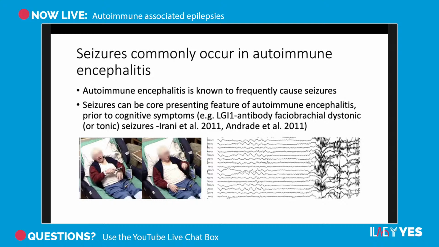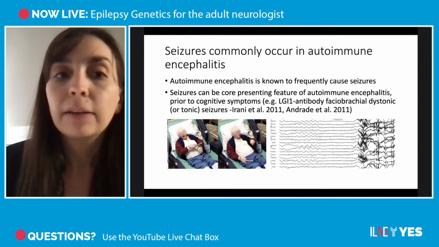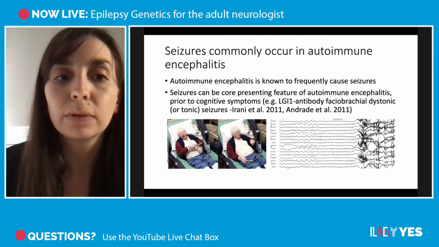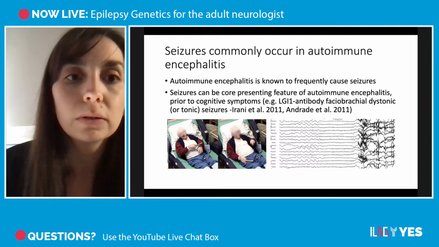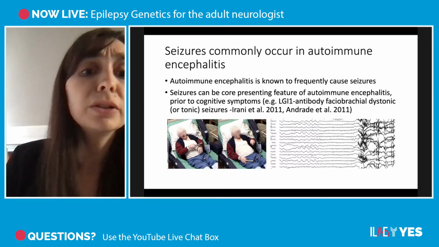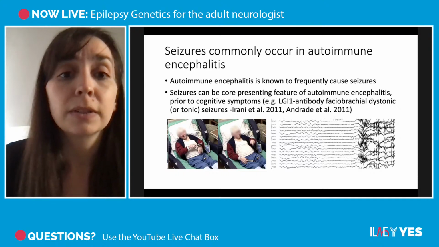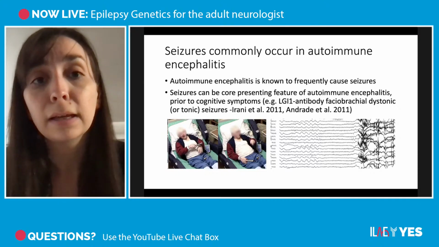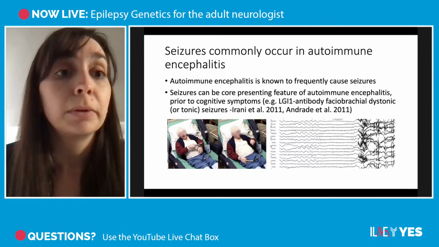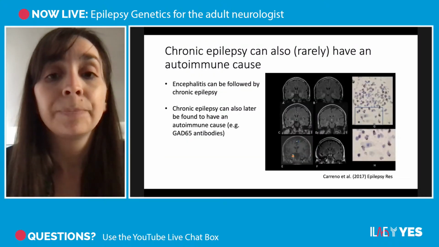The important thing with this syndrome, although it's rare, is that many of these patients don't have a limbic encephalitis syndrome when they first develop the faciobrachial dystonic seizures. They may have isolated seizures, and this is really a window of opportunity to identify an underlying autoimmune diagnosis, treat the patients early, and have them do better in the long run.